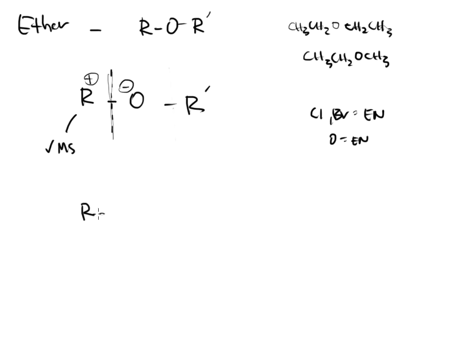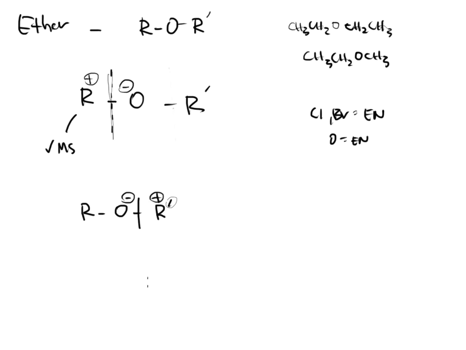All right, well, if we had this other option, let's say that these are not the same group. That's why I keep writing the prime up here at the very top. That's different. We can cleave it on that side. This will get the negative piece, and away it goes. Oxygen's electronegative. It doesn't get seen.